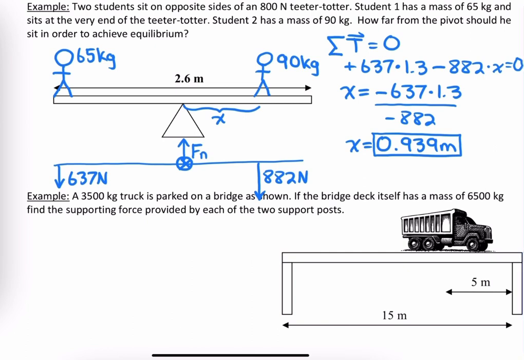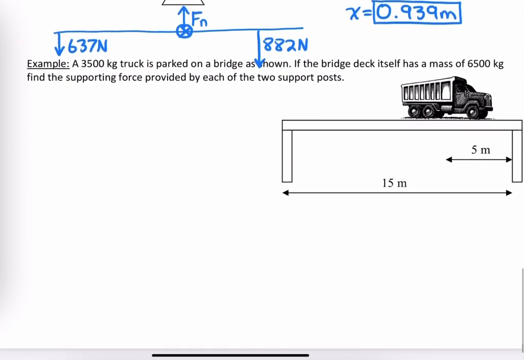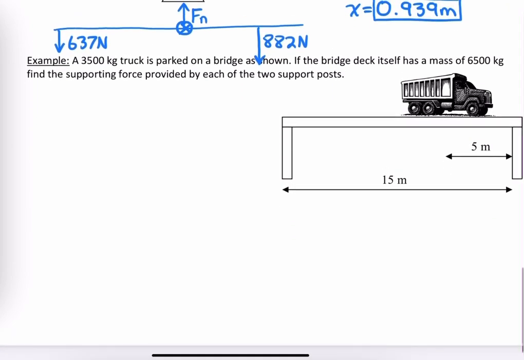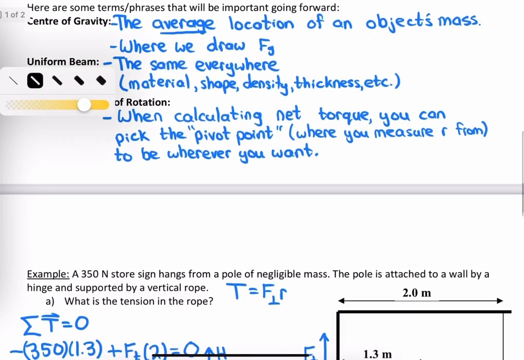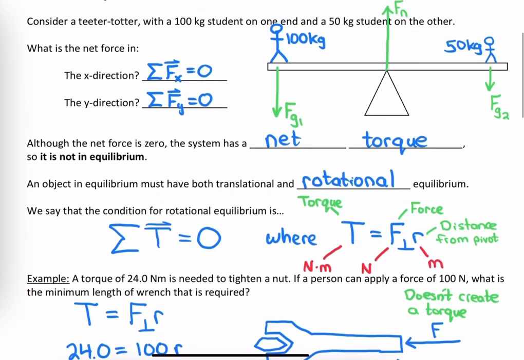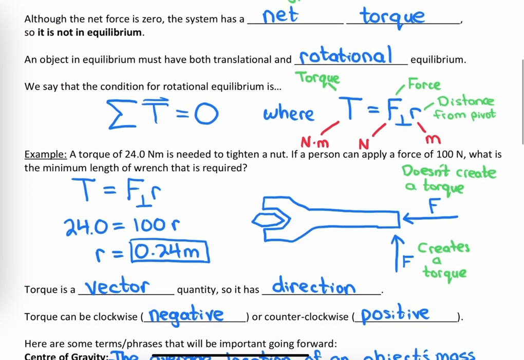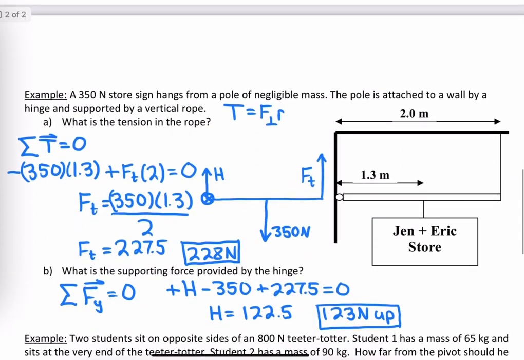Okay, last question. This one gets a little tricky. This one pulls in the idea we were talking about before of an arbitrary position of rotation. This is the first question we've done where there's not an obvious rotation point, right? Up here we had a teeter-totter, which was obviously rotating at that central point. Here we had a wrench which was rotating around the nut or the bolt it was tightening. Here we had a case where there was a hinge.